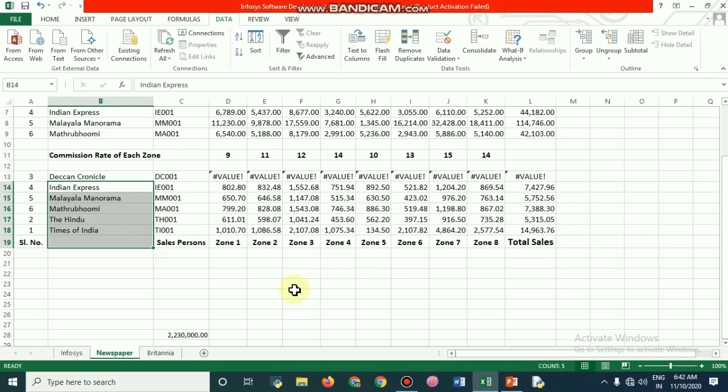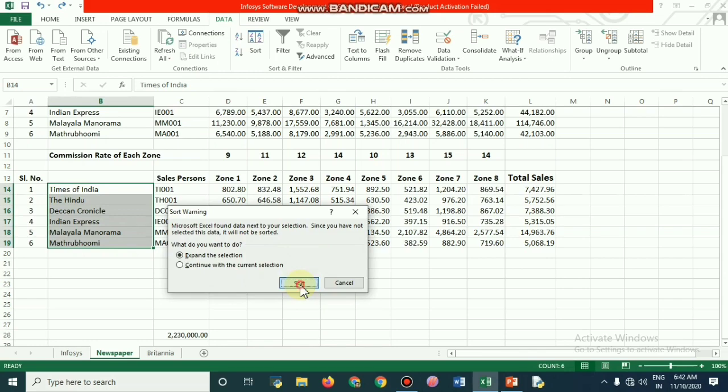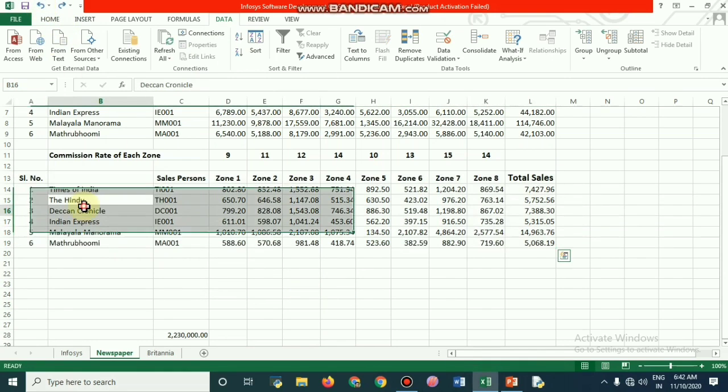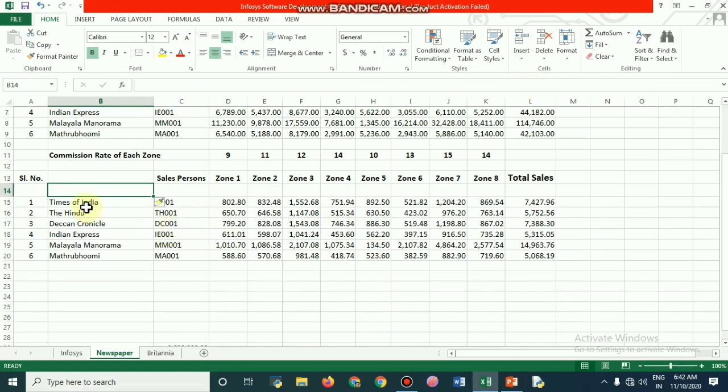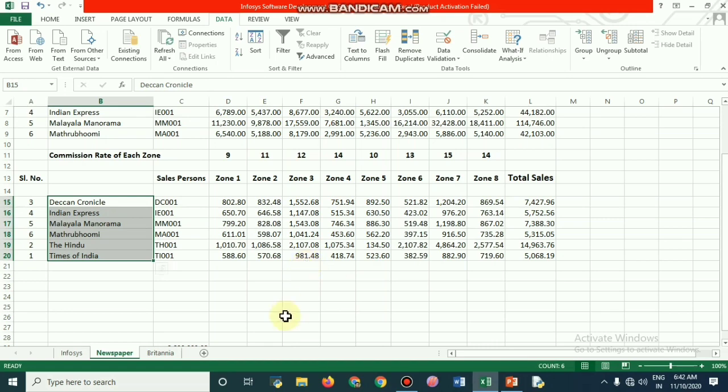Look here, we could expand, all the data changed, and the data was sorted in alphabetical order.